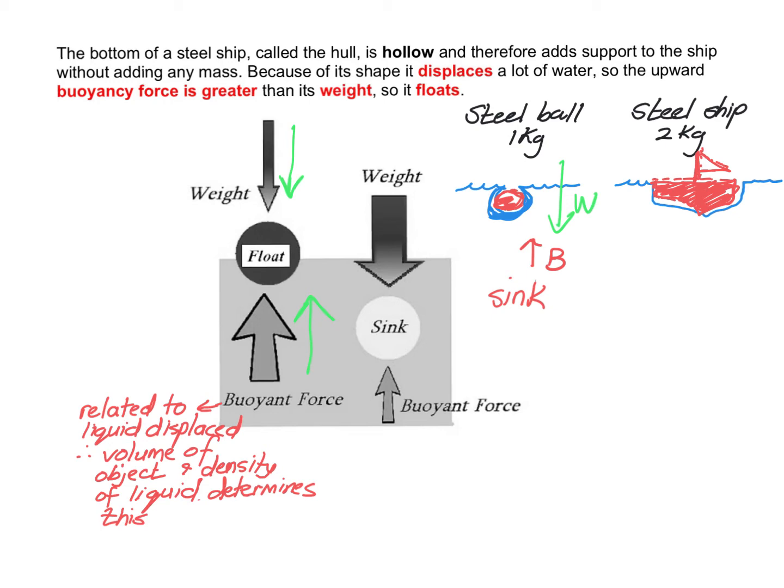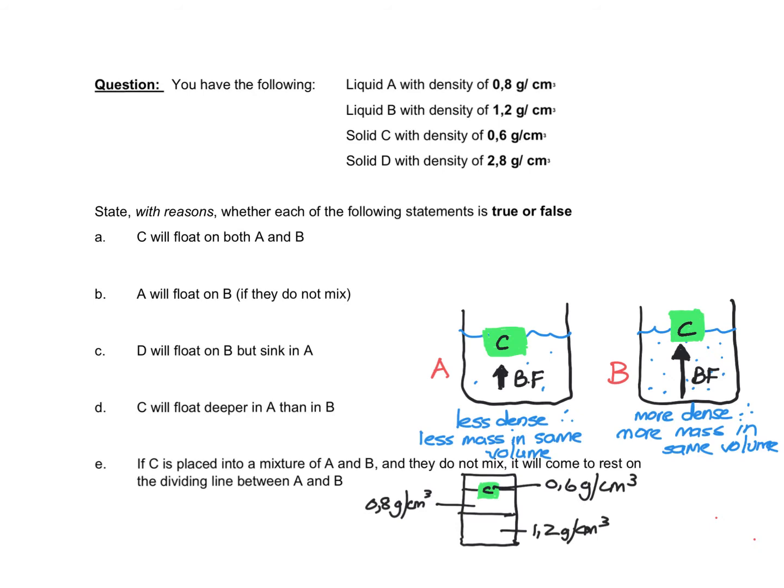Although it's got a great mass, a greater amount of water has been displaced, and therefore the downward force of weight is smaller than the upward force of buoyancy, and therefore the ship will float. So basically, an object will float on another object if it is less dense than that object or liquid.